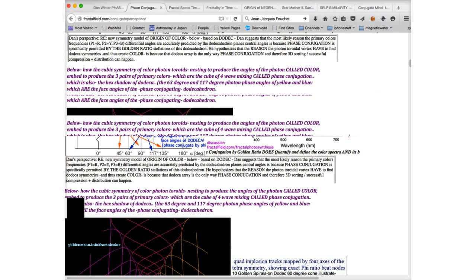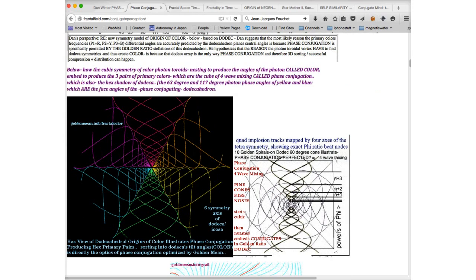Hence this picture. So what we're saying is the reason that color exists, and this is the 3 pairs of primary colors modeled.